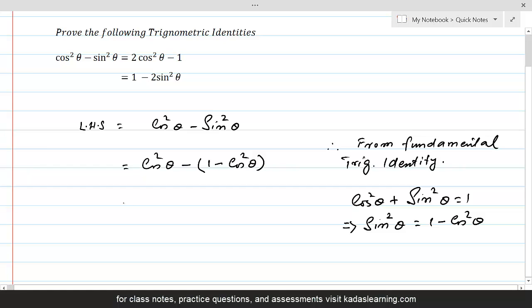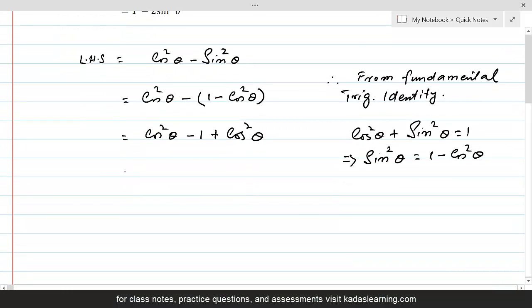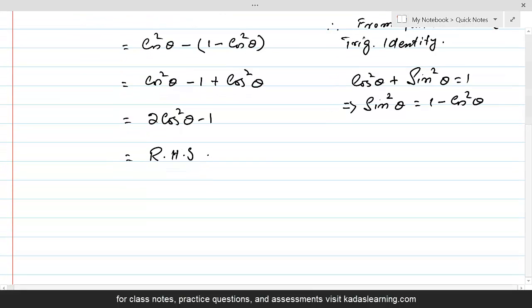Now let us simplify the minus sign outside the bracket, and this will become cos square theta minus 1, and negative times negative will become plus cos square theta, and cos square theta plus cos square theta will become 2 cos square theta minus 1, and this is what we wanted to prove on the right hand side. Therefore, we can easily say proved.